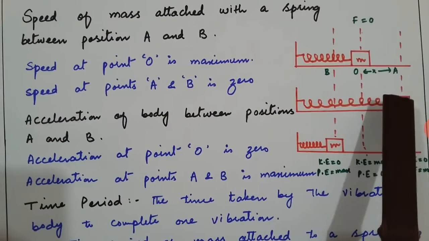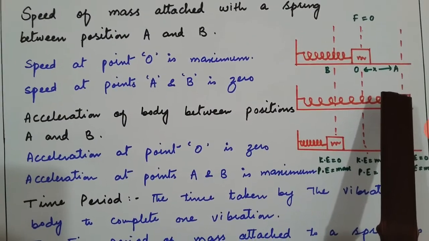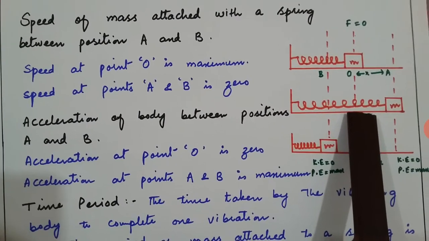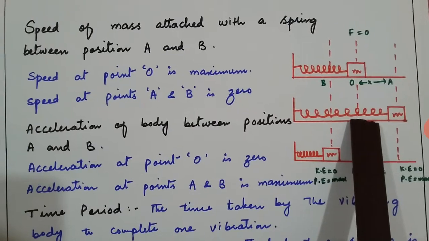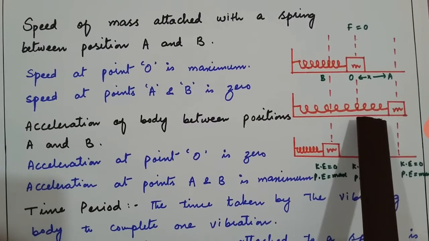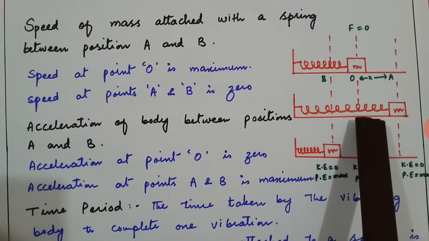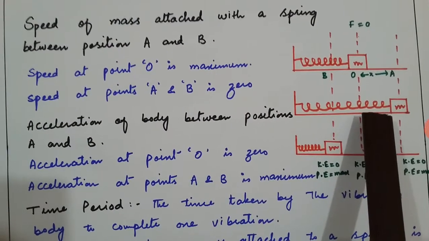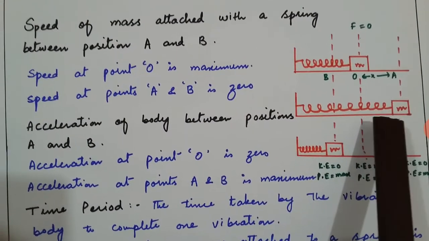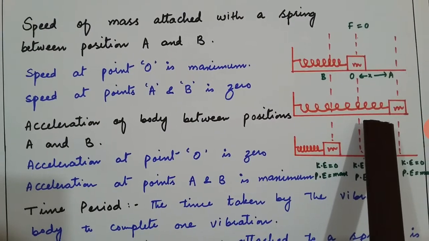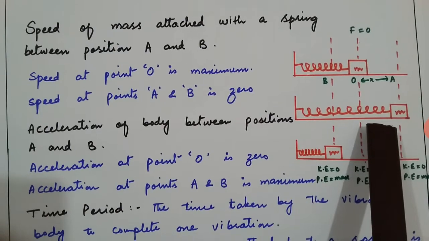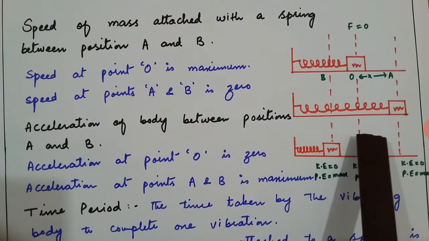As the mass m moves towards point O, its displacement x goes on decreasing and velocity goes on increasing. So the acceleration of the body also decreases. On reaching point O, x becomes 0 and so the acceleration of the mass also reduces to 0.